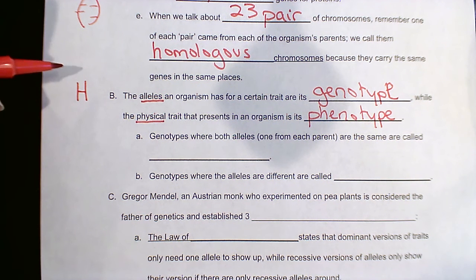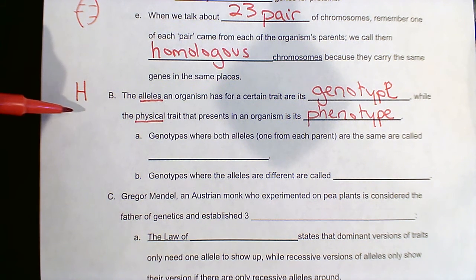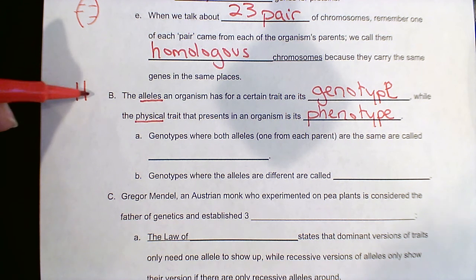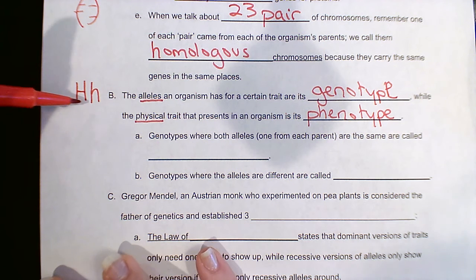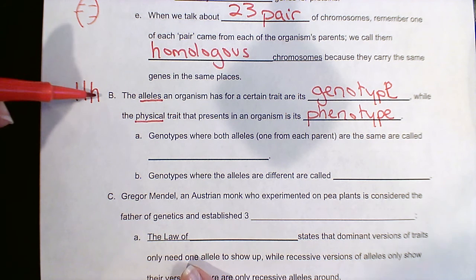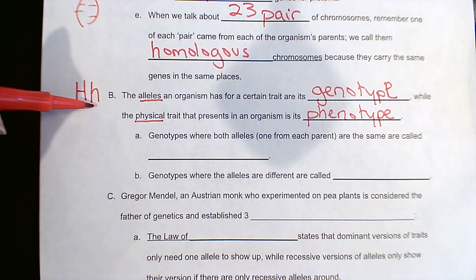Straight thumb's recessive, which means she didn't have any of these. So could I have got one from her? No. Right? The only allele I could have got from my mom, if she has a straight thumb, is this one. So my genotype for hitchhiker's thumb must be this, because I have hitchhiker's thumb. I know I have at least one dominant allele, but since my mom must not have had a dominant allele, I must have got that one.